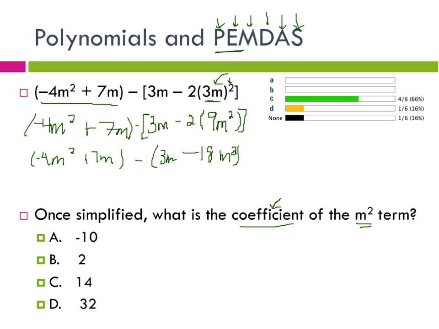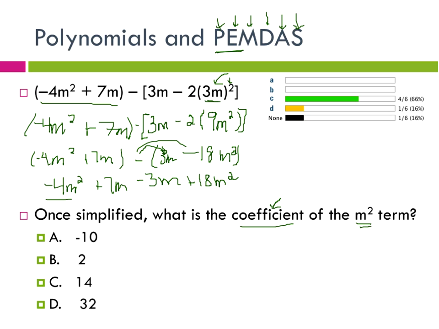I'm subtracting from that 3m minus 18m squared. Okay? And so now combining this, I see that I'm subtracting 3m, subtracting a negative, which means I would be adding 18m squared. And I have a negative 4m squared plus 7m.